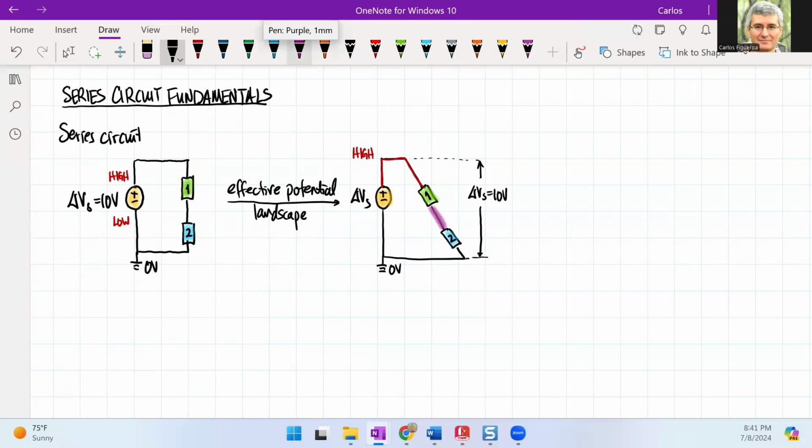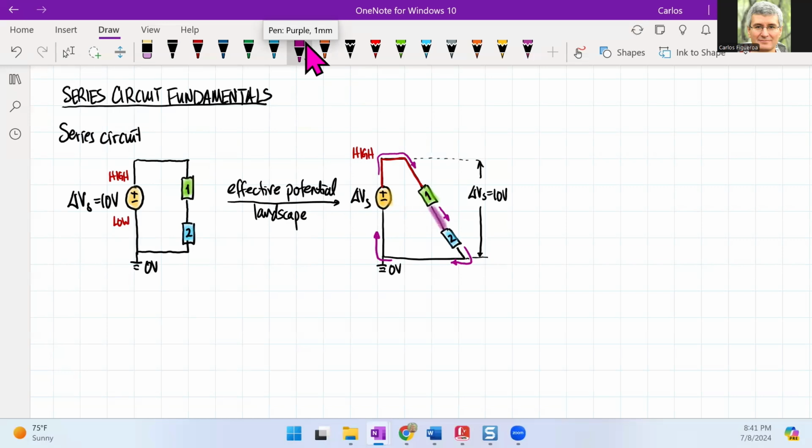So what that means is that when I look at the current flowing in the circuit, you could see that the current is going to be coming out of the battery. And I want to be very careful how I say that. It then goes through 1, it comes out of 1, it goes through 2, and it's coming all the way around, and it comes all the way back to the battery.